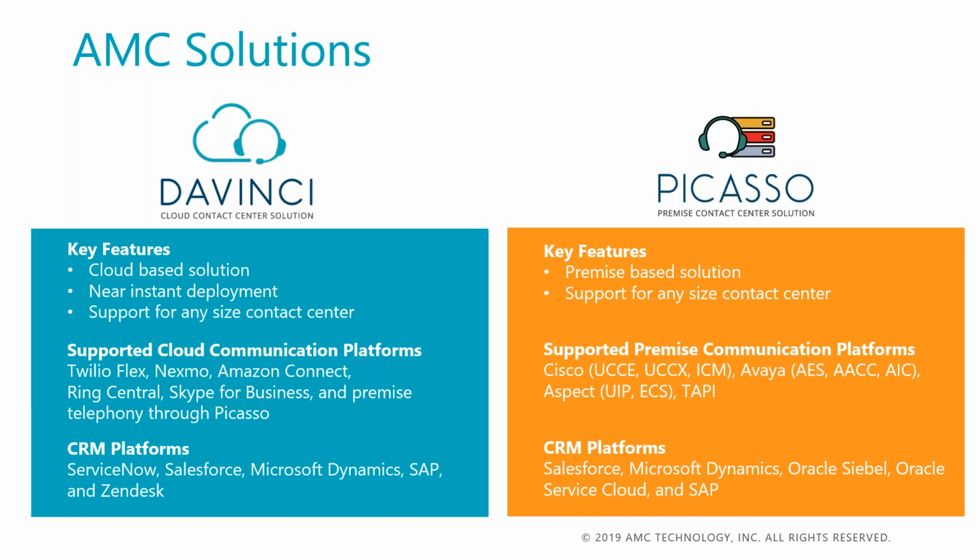We have the premise-based communication platforms like Cisco, Aspect, and Avaya on one side, and then again we have the CRM platforms available as well for that sort of integration. That creates an environment where all the interactions are driven through the AMC Picasso contact center solution.